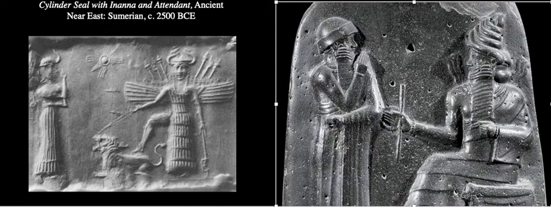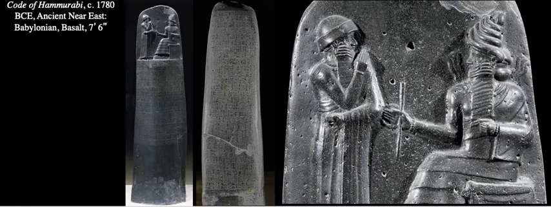This is how they were shown. It doesn't mean Bob, who made this, saw this work of art, but it means Bob, who made this, was aware of the tradition of depicting priests or rulers in front of a god. And that's a really, really important idea.